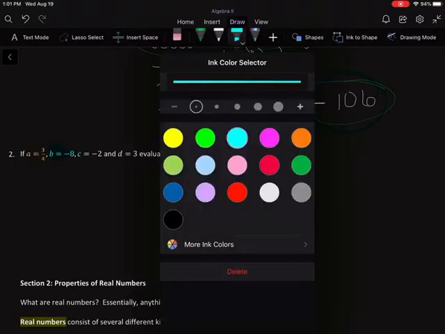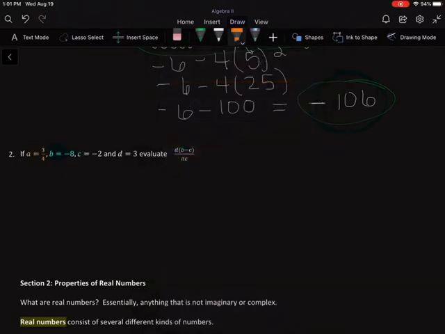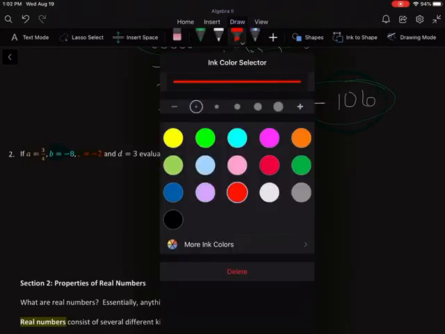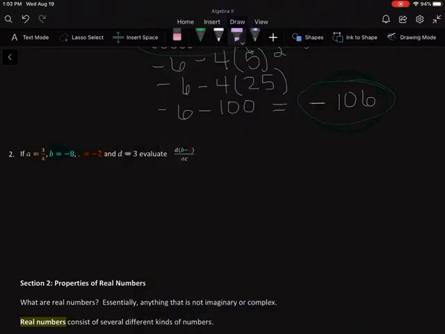And so on. C is going to go into that. And last but not least, D goes into here. All right?